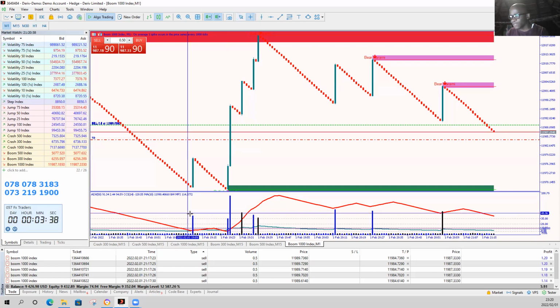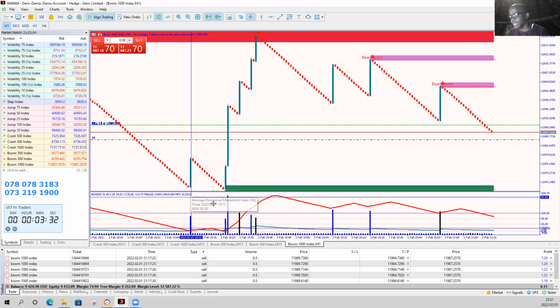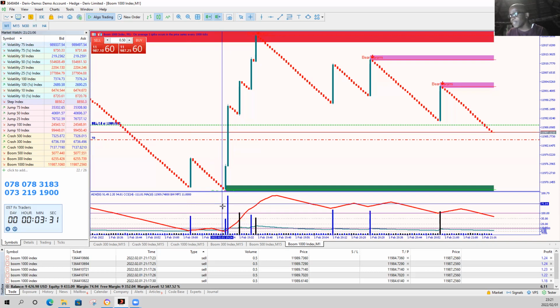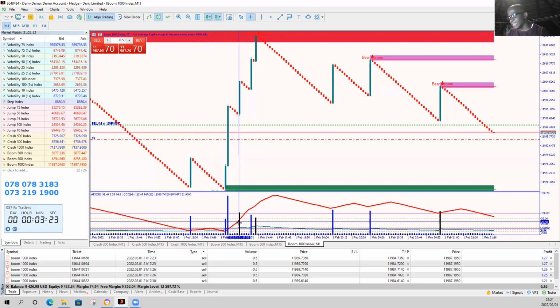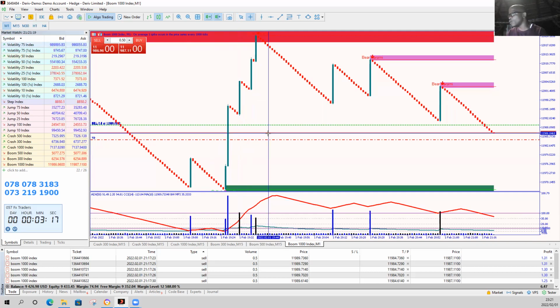Once the red crosses the green, we get a spike. And once the red crosses the green and we see the black line after that, it tells us there will be another spike soon.